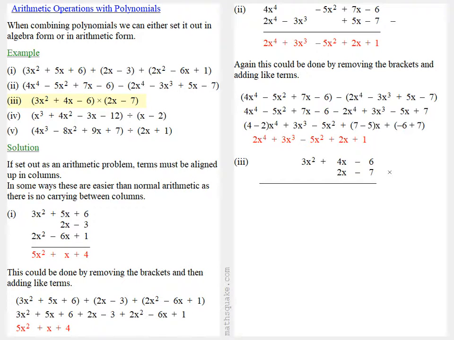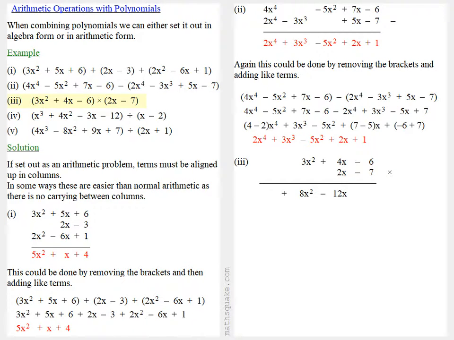Now in part 3 we have 3x squared plus 4x minus 6, and we're multiplying by 2x minus 7. And we can set that out as a long multiplication sum, making sure that we align the columns correctly. Now we can start by multiplying by 2x. So we've got 2x times minus 6 is minus 12x. 2x times 4x is 8x squared.